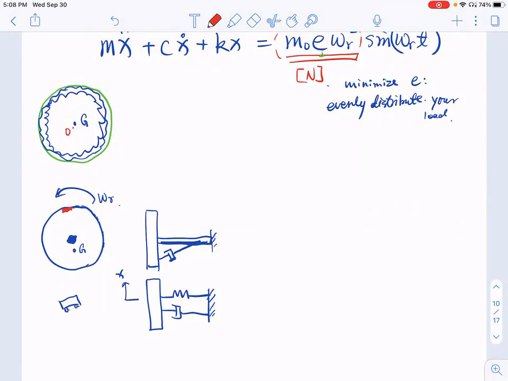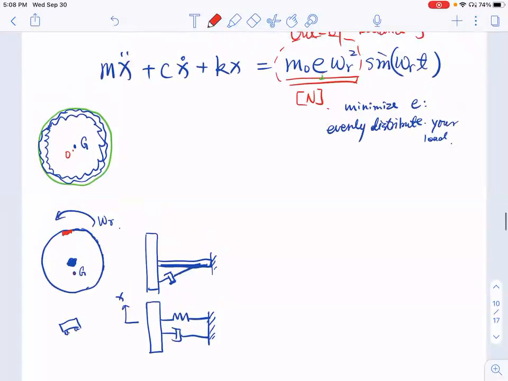That entire procedure is called tire balancing. Okay, so that's one thing we have to learn.